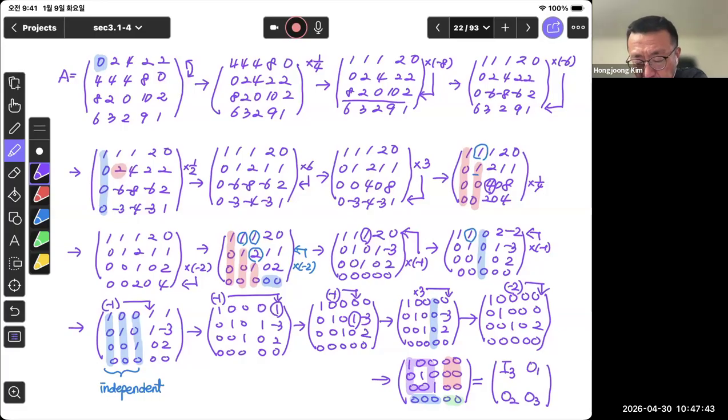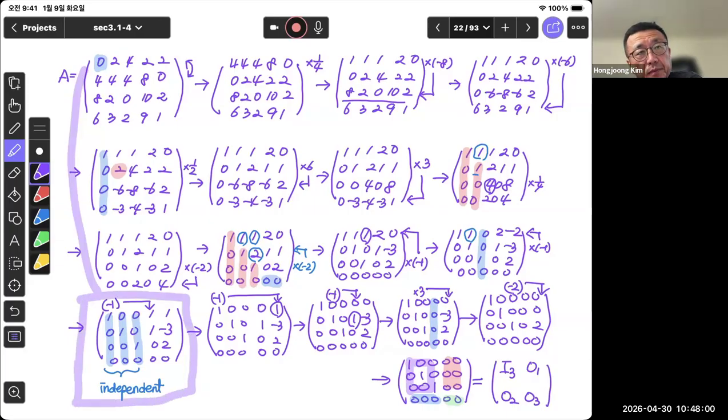Okay? So, given any matrix, if I perform some row operations, you arrive at this matrix, right?